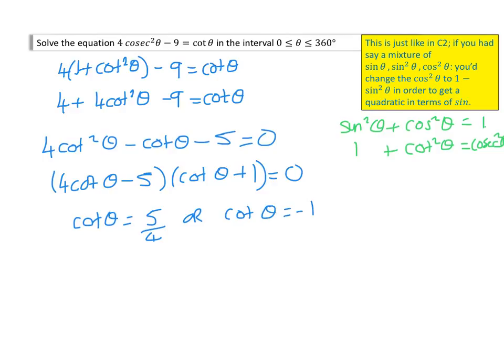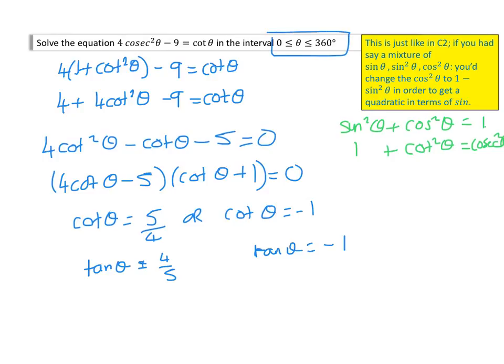So cot theta we know is 1 over tan theta. If I reciprocate both sides, just flipping that fraction round, will give me tan theta equals 4 over 5, or tan theta equal to minus 1.